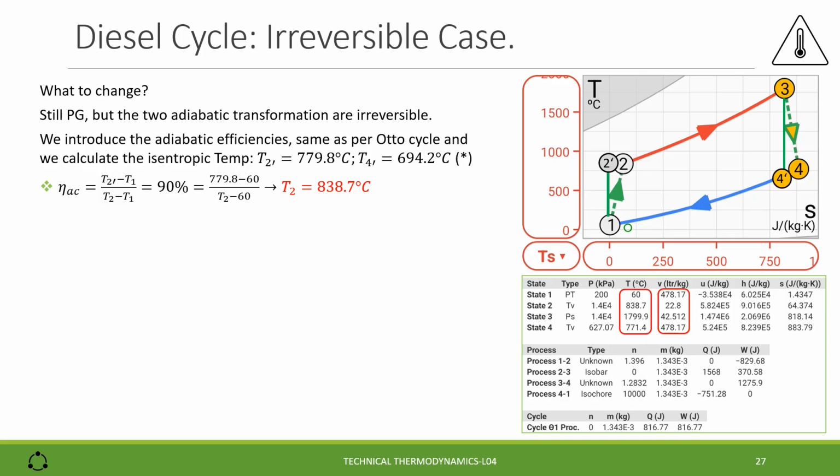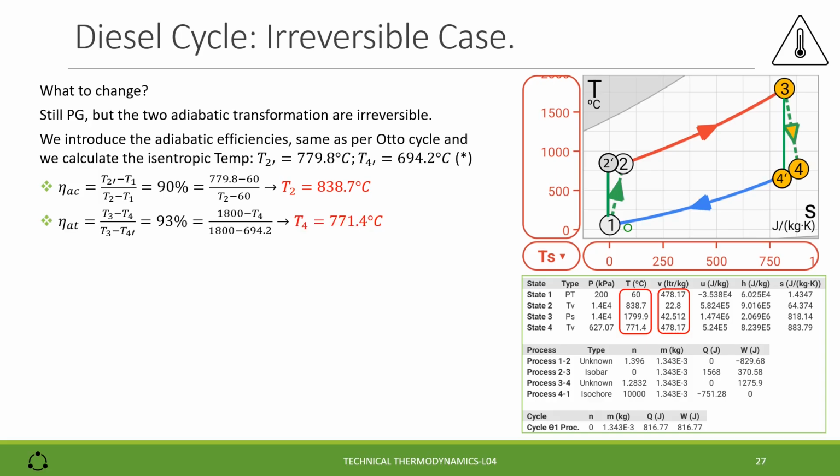The definition of the adiabatic efficiency is the same as we have seen before. For the compression phase it is T2' minus T1 over T2 minus T1, and we keep the same value of the cycle already seen, 90%, and replacing the values we find for the temperature T2, 838.7 degrees.